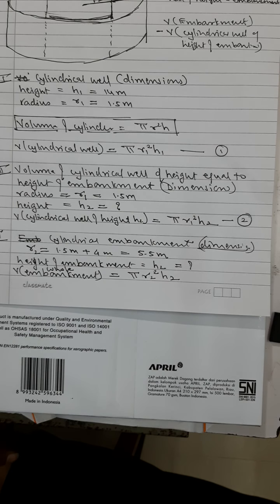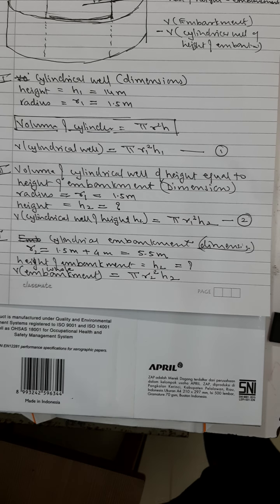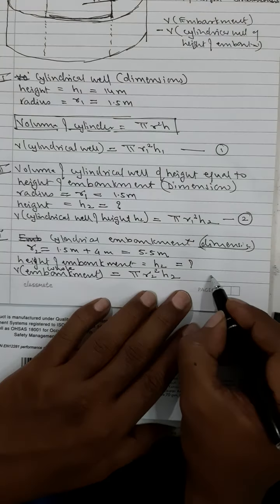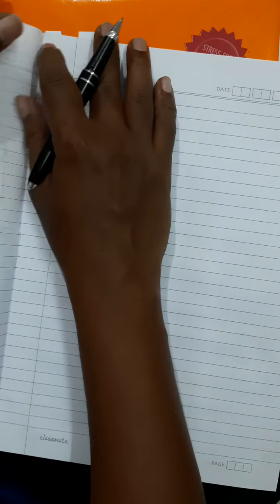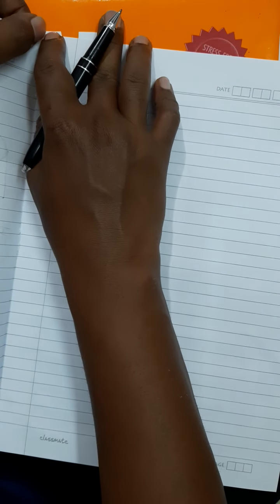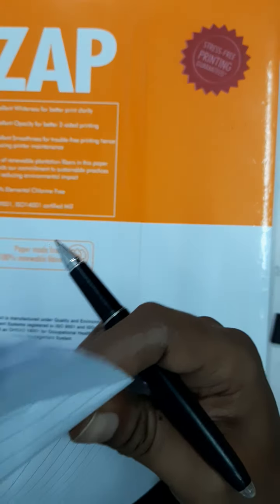Okay, so it is equal to pi r2 square h2. This is 3. Now we will come to know. So this 3 we have calculated. You have understood up to here. I suppose you don't have any problem up to here. I don't feel so, because the explanation is going very smooth and clean. So it should not have any doubts.